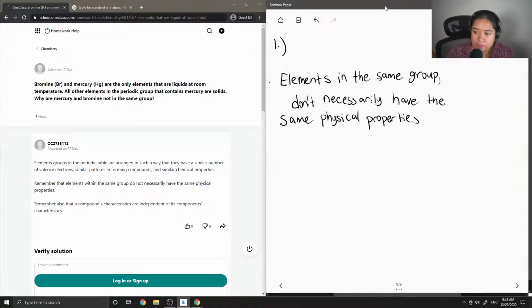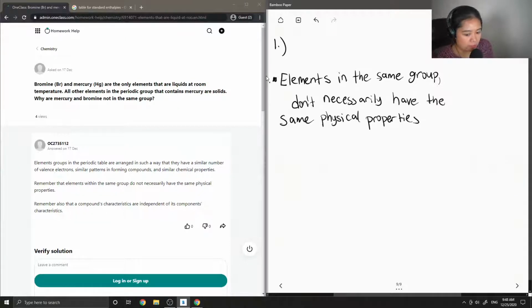When you go down a group, they all have the same number of valence electrons, but the atomic radius just gets bigger and bigger. So grouping them just because they have the same physical properties isn't really ideal. So that's why bromine and mercury aren't in the same group.